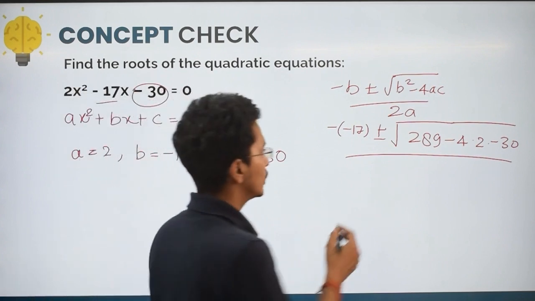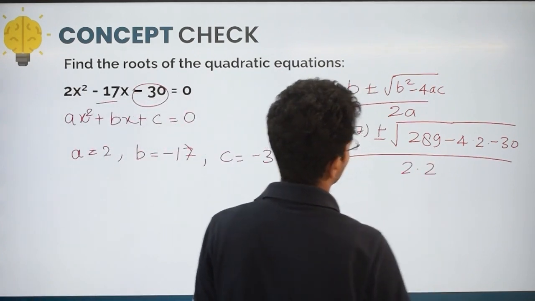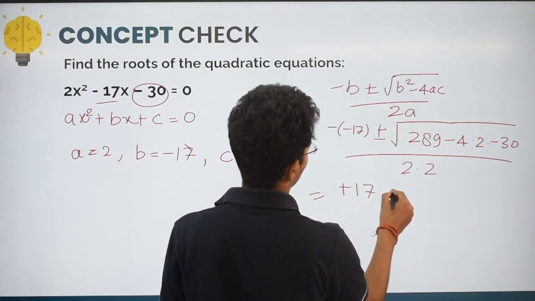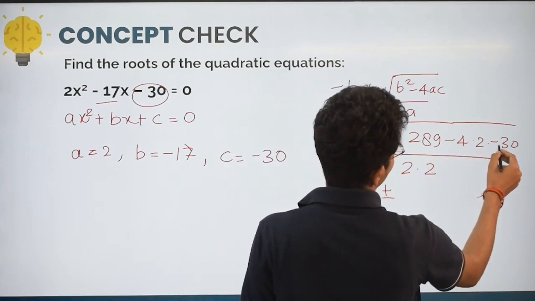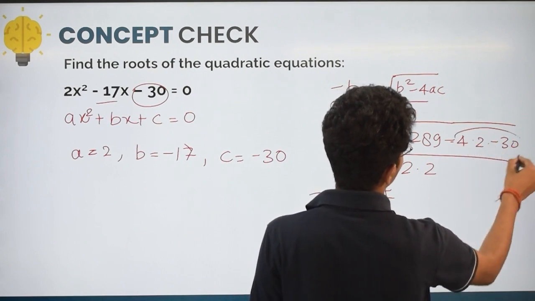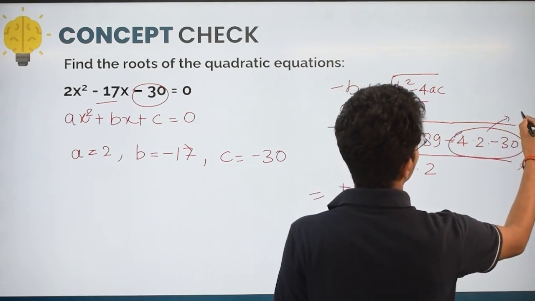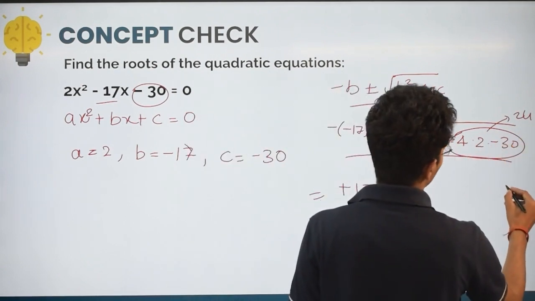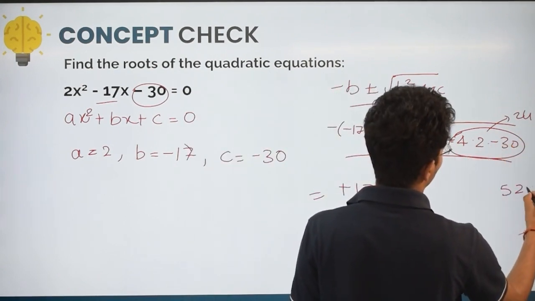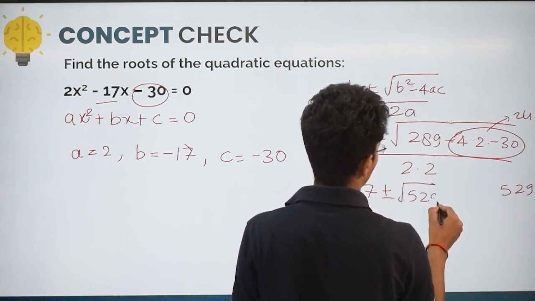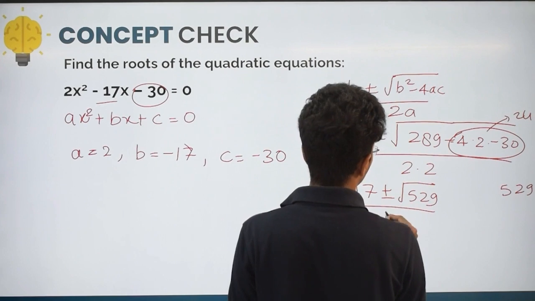A is 2, so it will become 2 into 2, right? Now if you will solve, it will become plus 17 plus minus, it is 30 minus minus plus, 4 2s are 8, 8 3s are 240, right? It will become 240, and 240 plus 289, what you will get? You will get 529, okay? So under root of 529 upon, in the denominator 2 2s are 4.